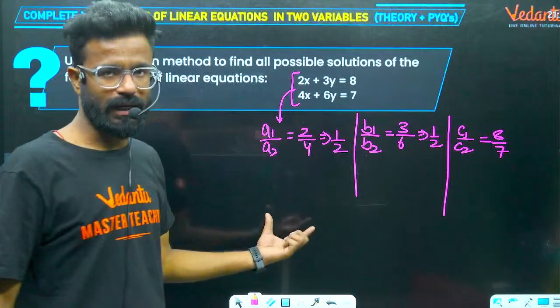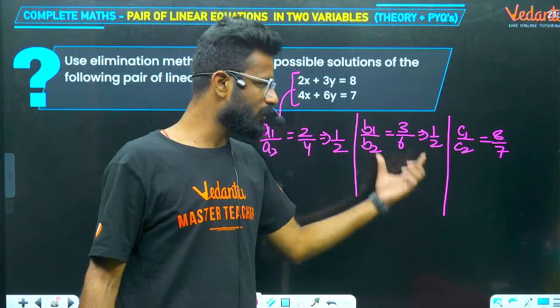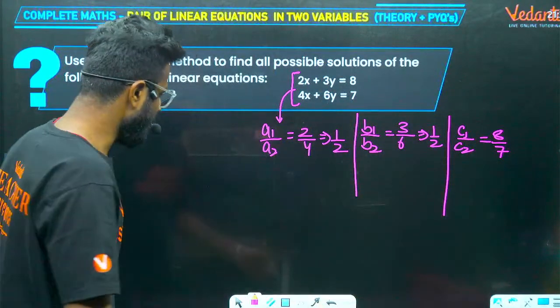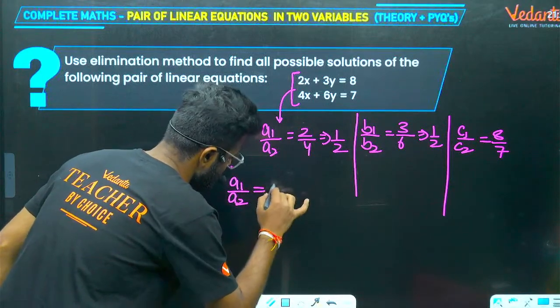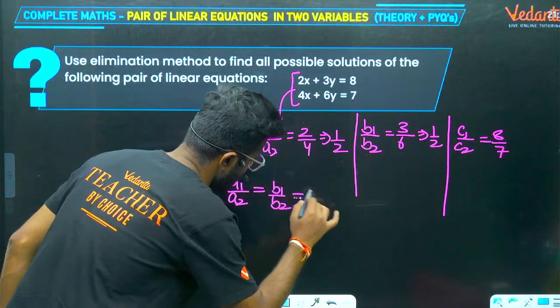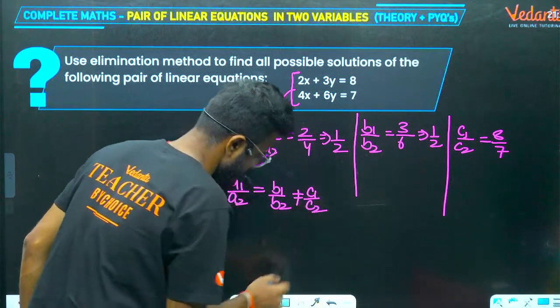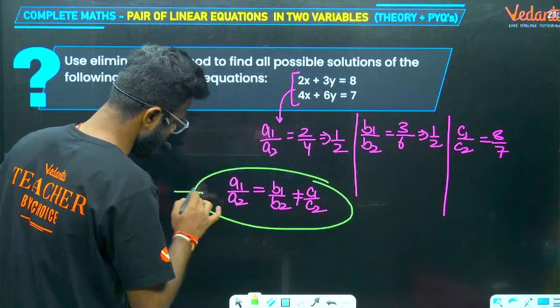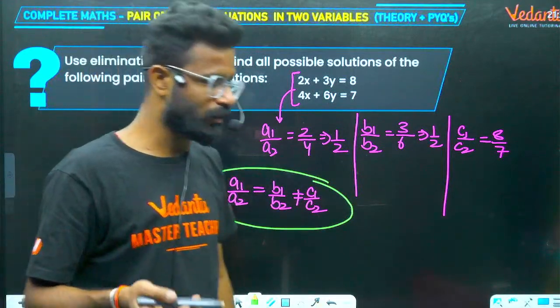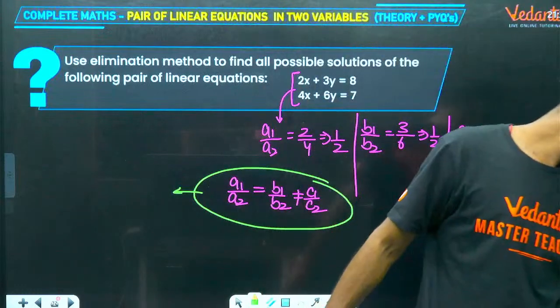So a1 upon a2 is equal to b1 upon b2, but it's not equal to c1 upon c2. This condition is of intersecting lines, parallel lines, or coincident lines? Tell me.